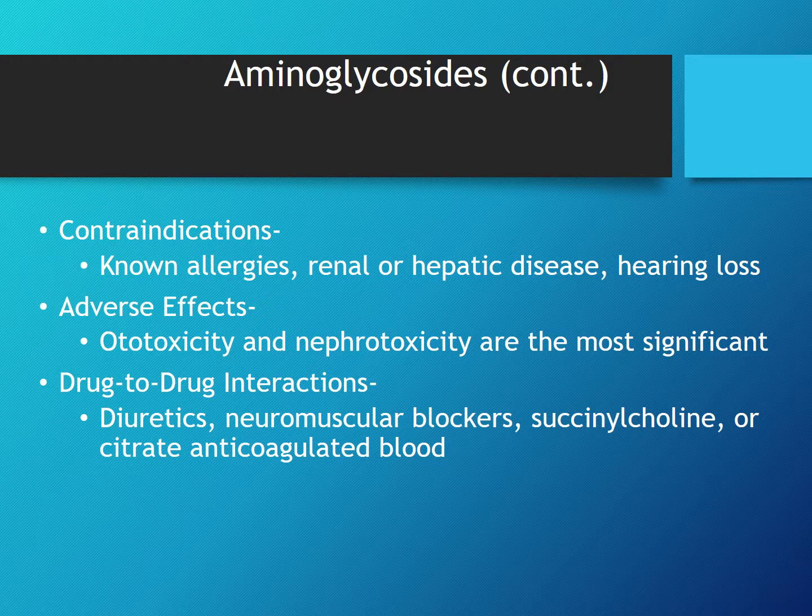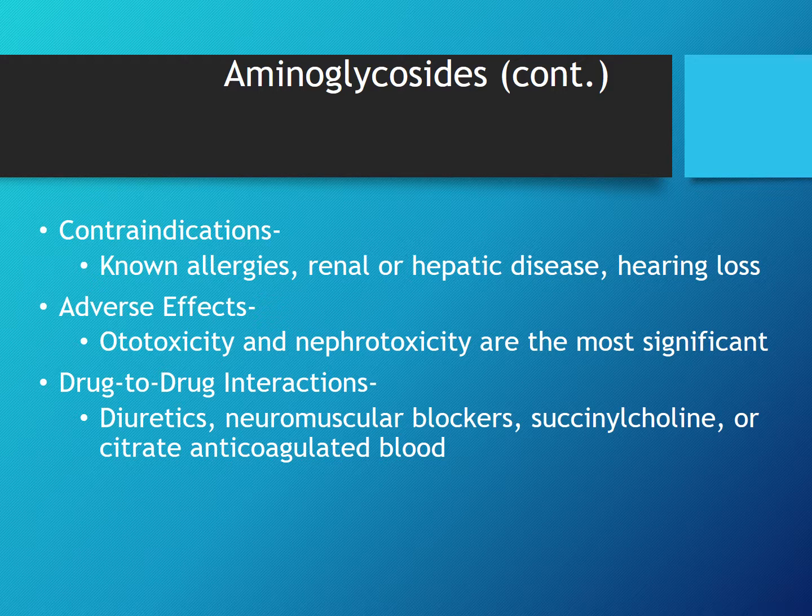In a conventional way, they might be given, say, every 12 hours. And that would be more conventional dosing. And in some cases, they're given in a different type of dosing, which is a once daily administration.